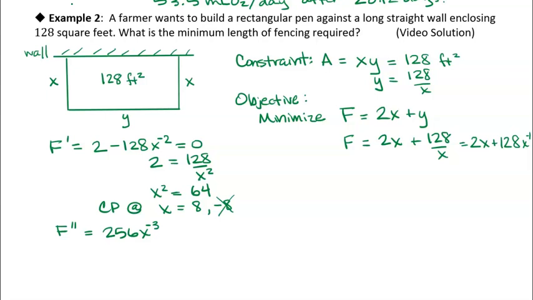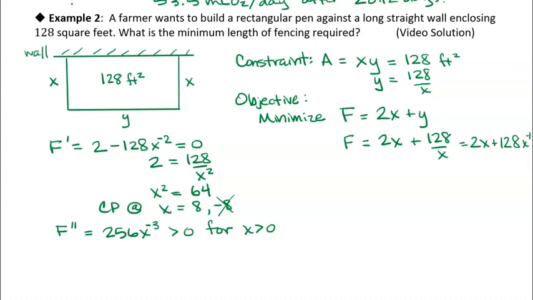Now when I look at that, I've got a positive 256. This is the same thing as 256 over x cubed, right? When I cube a positive number, I get a positive number. So I know that this is greater than 0 if x is greater than 0, right? Which I want x to be greater than 0, because I want positive fencing lengths. x represents the length of one of the sides of this rectangular enclosure.